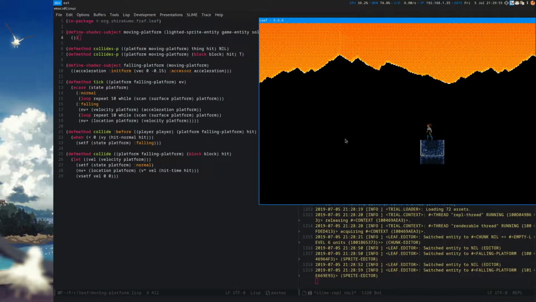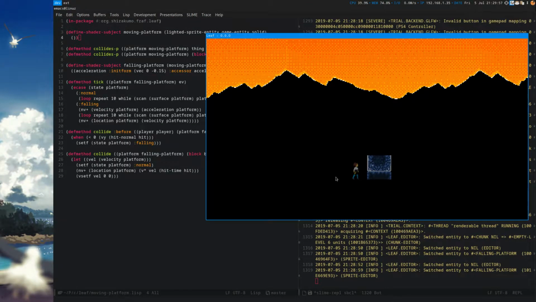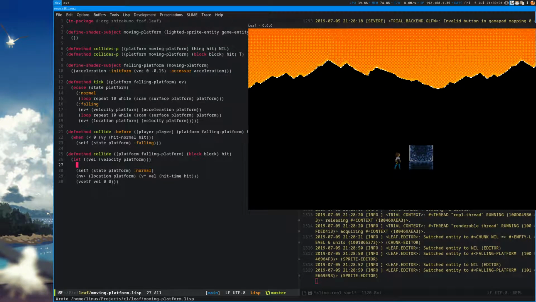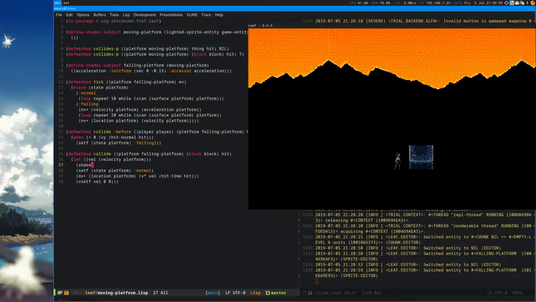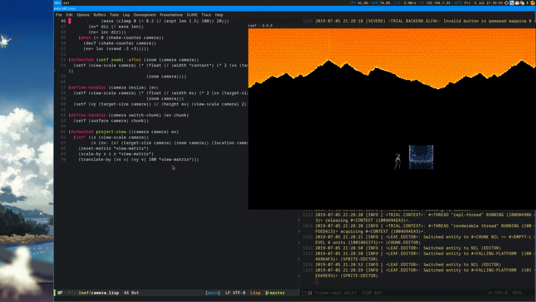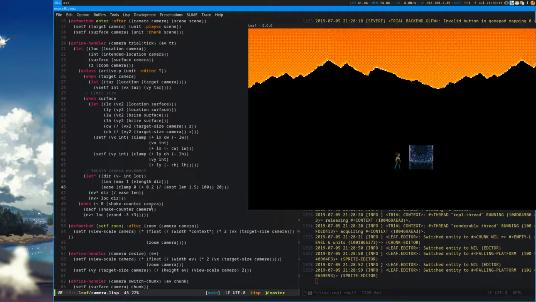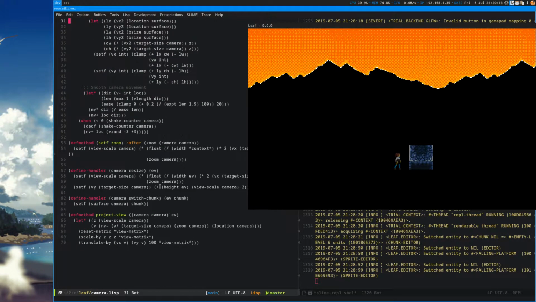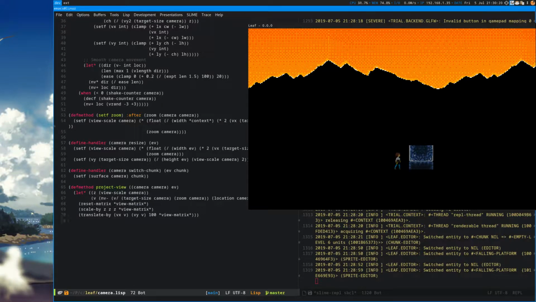Okay. So we have a falling platform. How nice. And we can do a fun thing, which is shake. Or is it? Does it work? I forget. I guess I just increase the shake counter. Doesn't sound so nice. Shake.